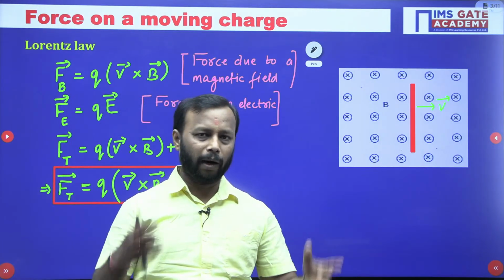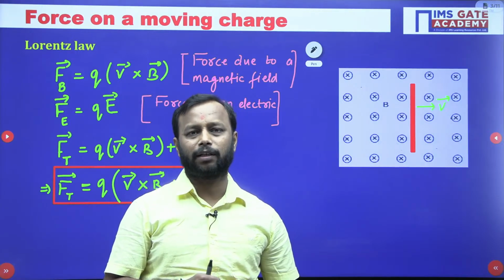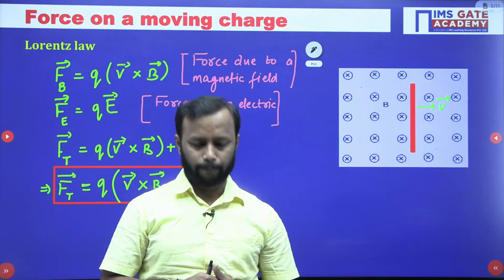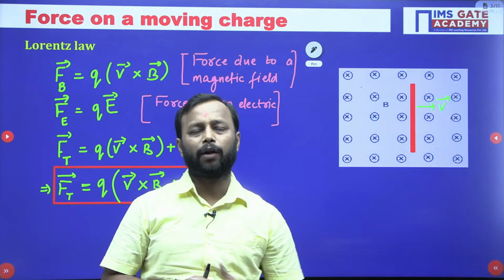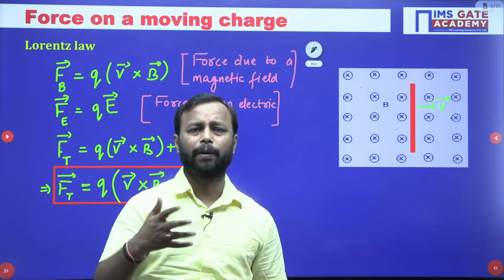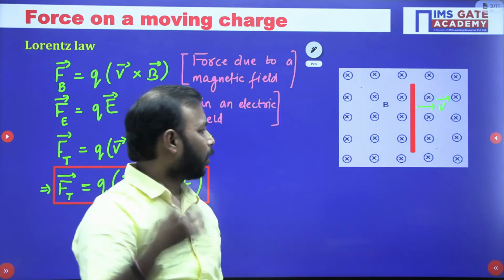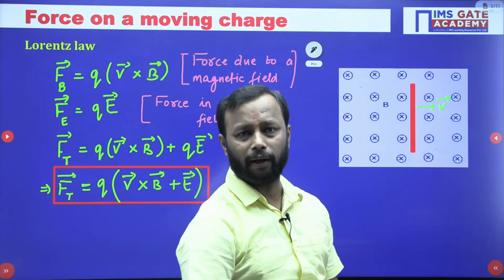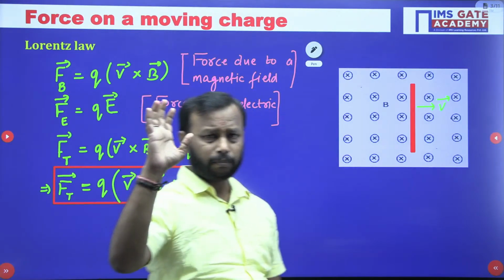Am I clear? But in the first chapter we had discussed how we can find the force on a particular conductor under the presence of a magnetic field by using a simple shortcut. How?